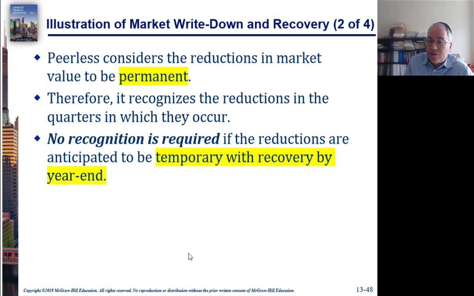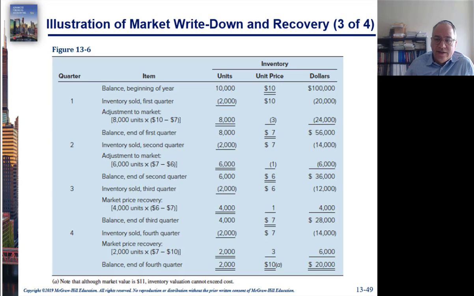So if the reductions are permanent, it's a write-down. But if you consider these reductions to be temporary and you expect that the price is going to recover by year end, then you don't need to do anything at all. We'll go into what you're going to do, but it doesn't need to be written down permanently.